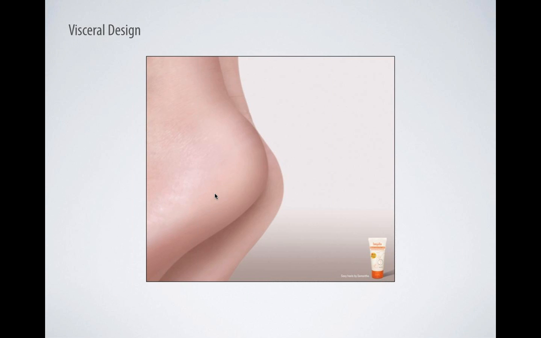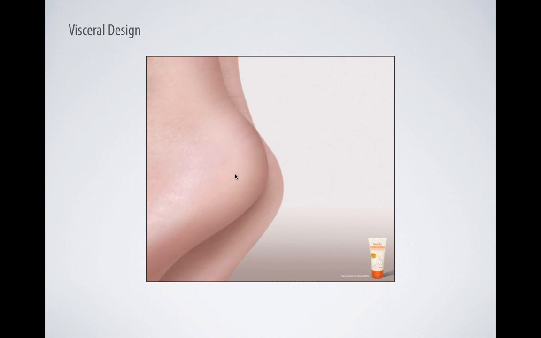And another facet of visceral design. What do you see when you look at this? And I won't make you answer that question. But the idea of sex appeal is also a visceral level component. And it's something that is pretty widely used in especially advertising, but also in TV and movies. And it is an effective attention getter.